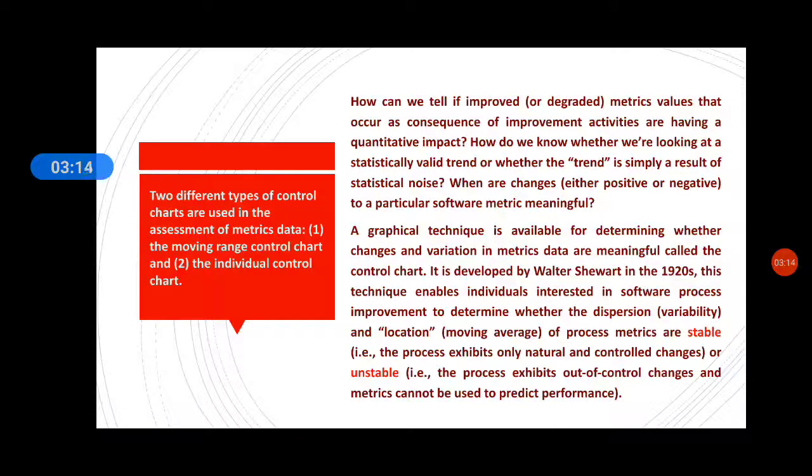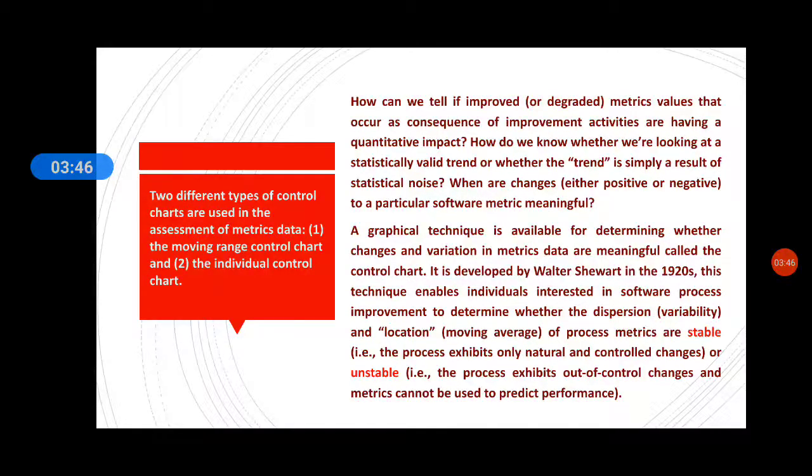The other query is how do we know whether we are looking at a statistically valid trend or whether the trend is simply a result of statistical noise. When are the changes, either positive or negative, to a particular software metric meaningful? These are all different queries that will be raised whenever we are developing a software project.